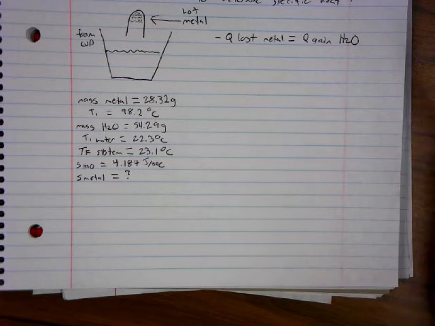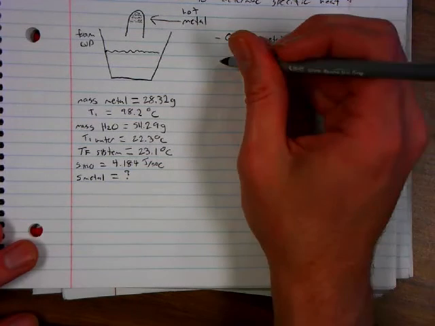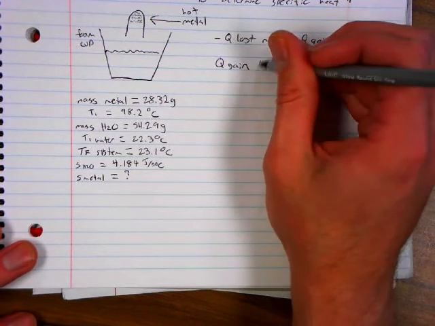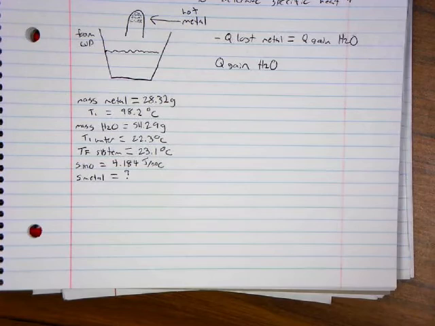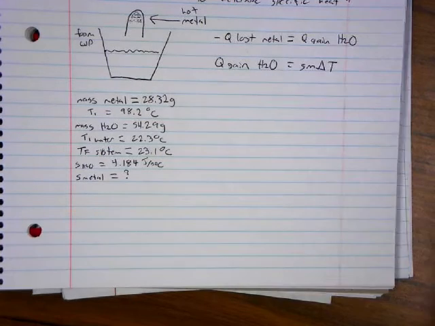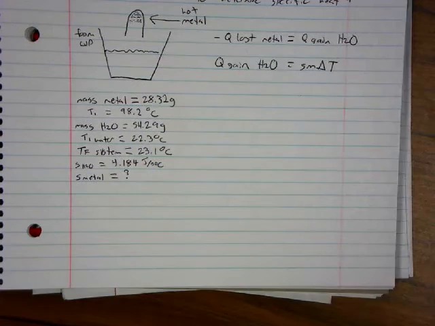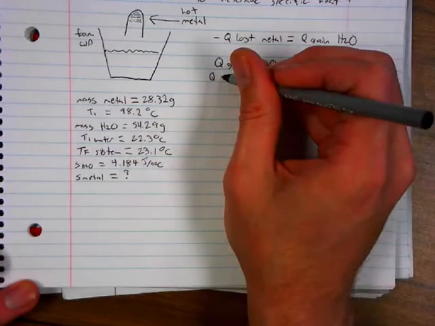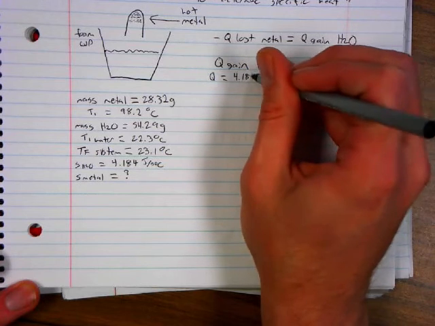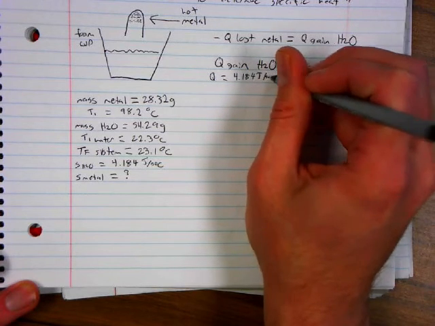So let's do one here in the notes. What is the first thing I need to find out? Q lost or Q gained? What can I find out now? I can figure out Q gained by the water right now, yes? So we're going to do Q gain of H2O, which is equal to smΔT. So let's sub in our numbers.